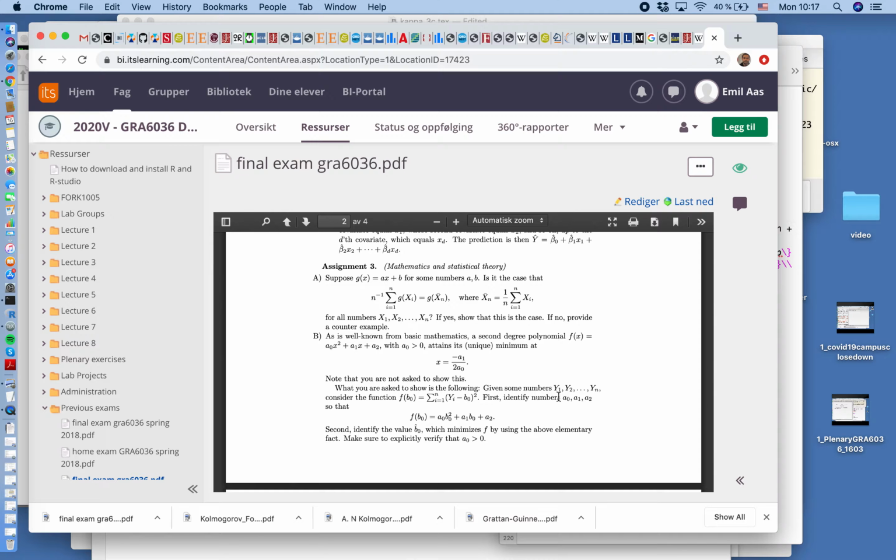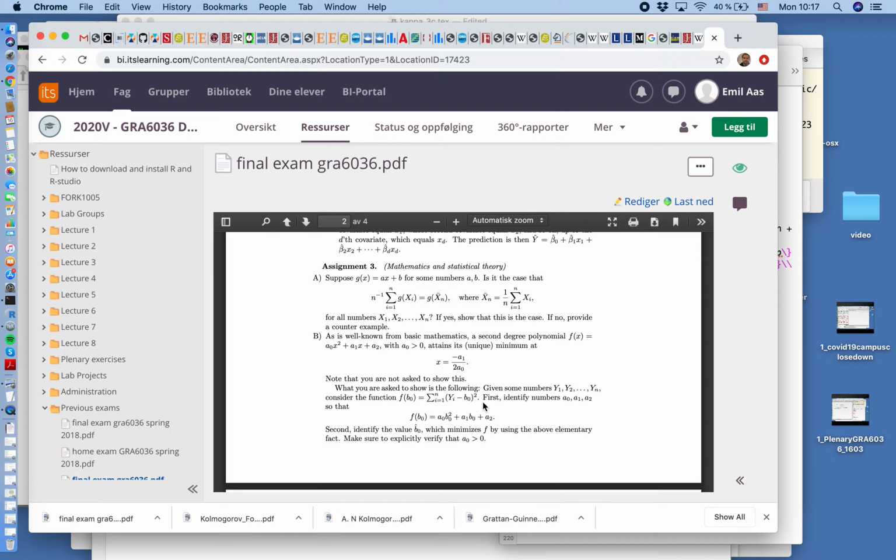Then we're asked to show the following. We're given some numbers, so we can think of this as data, and we have this function, which we recognize as the function we minimize when we do least squares estimation.